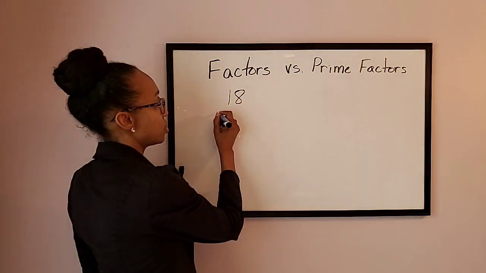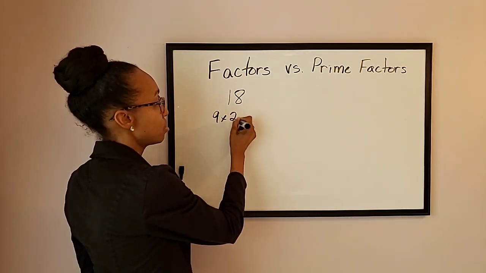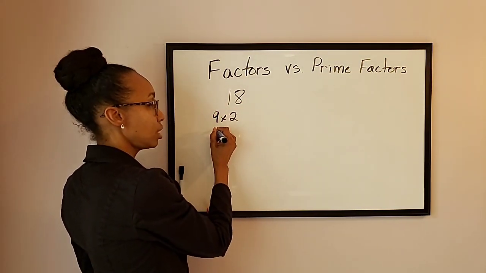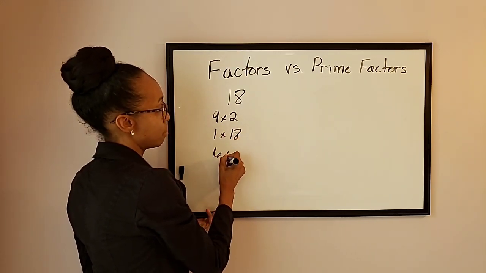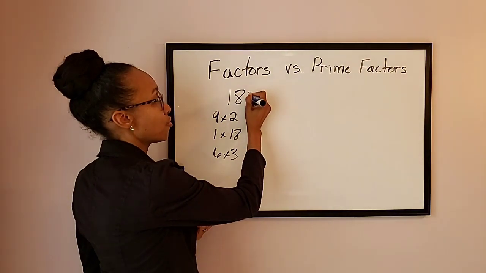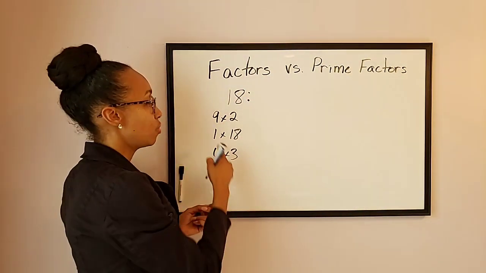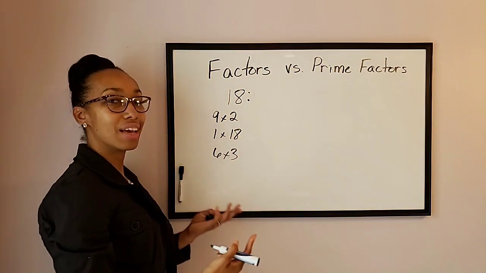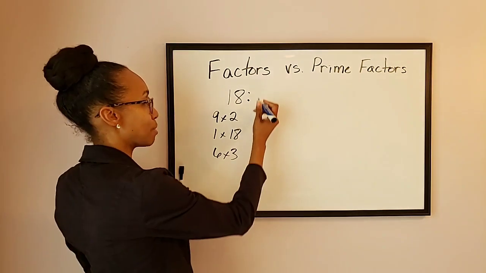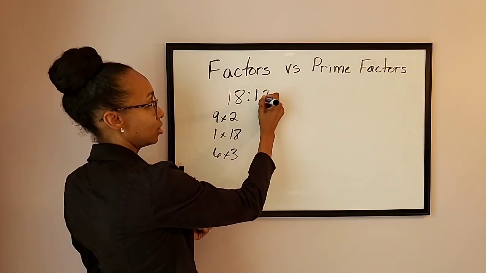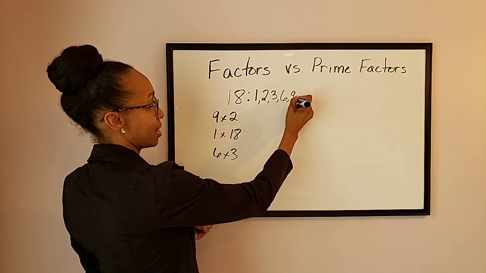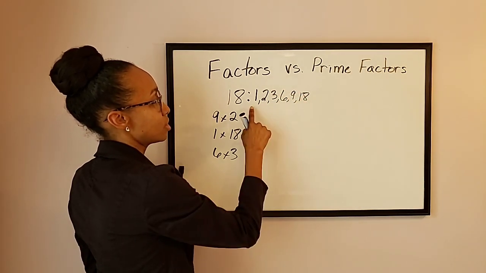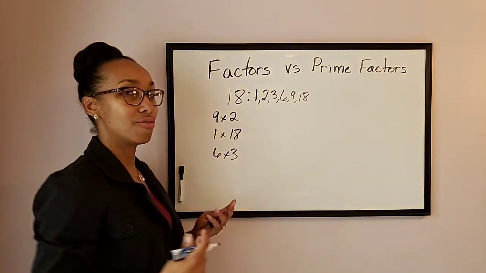And so we know that you could do 9 times 2, you could do 1 times 18, and you could do 6 times 3, okay? So then your factors of 18 would basically be these numbers, and usually written least to greatest. Again, remember that's going to be the 1, then 2, then 3, then 6, then 9, and 18. So these would be a list of the factors.